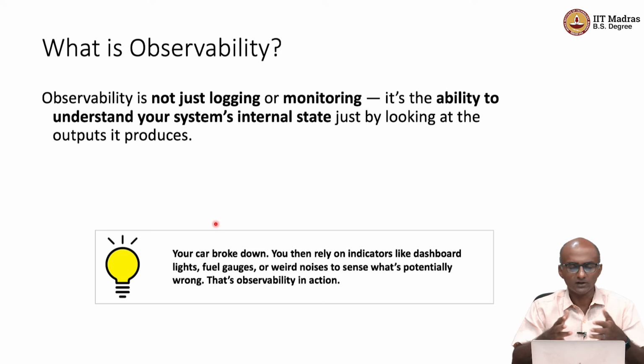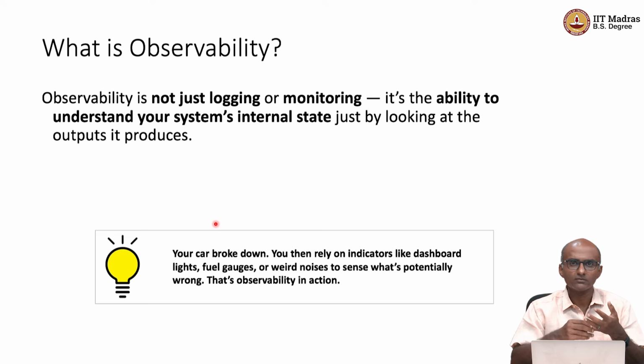So that's observability. The analogy here is, if you've used cars in any form, like maybe your family has a car or you've been in a taxi, you'll see that the dashboard of the car has a whole bunch of different lights or sensors that glow, each with a slightly different color. Let's say the car breaks down for some reason. As a mechanic, obviously you would know the inner details about what's happening. But as a driver, you're just a user of a car. You're not really an expert. So you rely on the indicators, like the ones on the car dashboard, to understand what is happening.